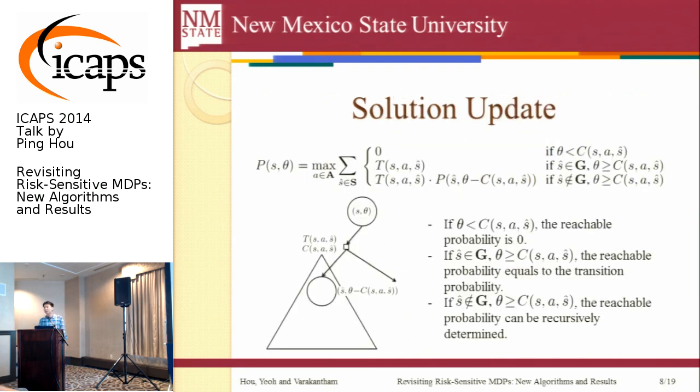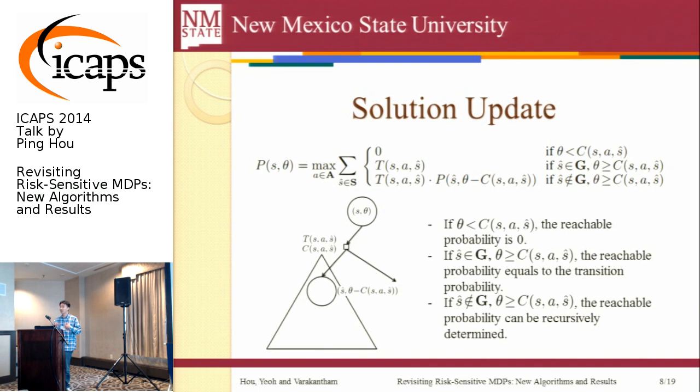Okay, similar to the Bellman update, we provide the solution update to calculate the reachable probability. You can see the reachable probability for the augmented state has 3 cases. The first case is, for the next transition, if the cost is bigger than the threshold, that means the agent will use up its resource, then the reachable probability is 0.